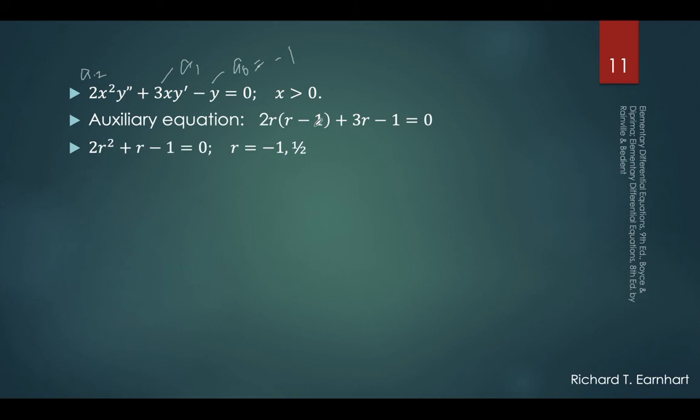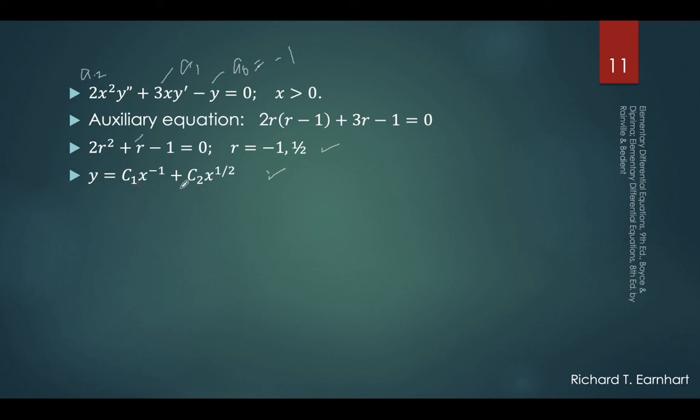Okay, simplifying, so 2r squared minus 2r, and then combined with plus 3r, you get positive r, and then minus 1. So this is a quadratic equation that gives negative 1 and 1/2 as the solution. So we have these two distinct roots, and for two distinct roots, this is how you write your solution.